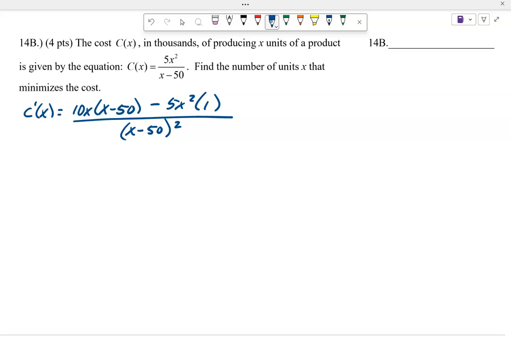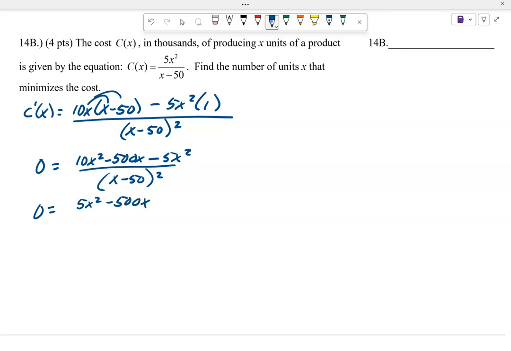Now I want to find my critical point, so I'm going to set this equal to 0. Let me distribute that. I got 10x squared minus 500x minus 5x squared over (x minus 50) squared. So 5x squared minus 500x over (x minus 50) squared.